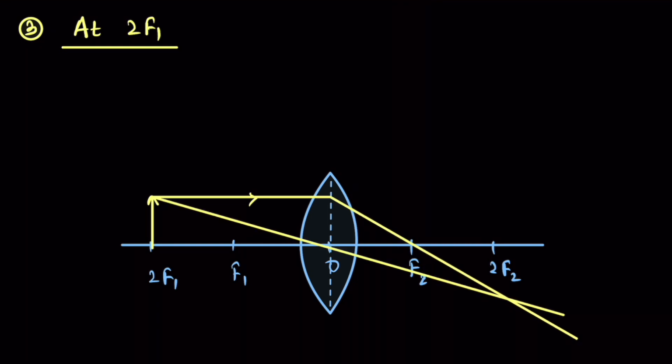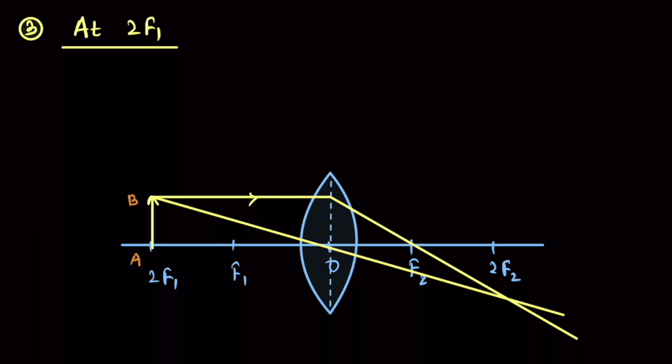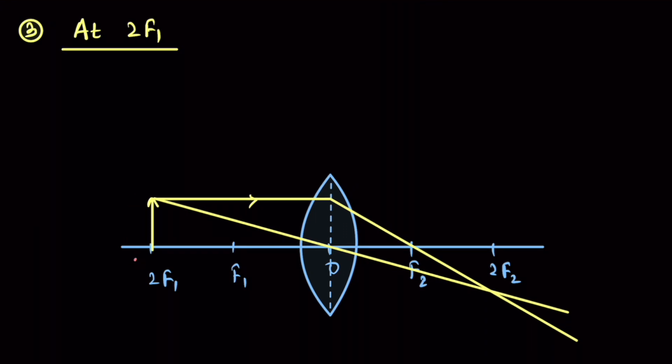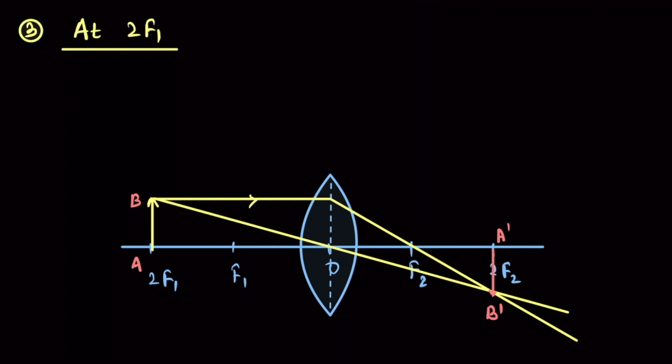If this is the object AB, here the image is A dash, B dash. In this case, the image is real and inverted because the image is on the right side of the object. Second, the size of the image is equal to the size of the object. And third, it is formed at 2f2.